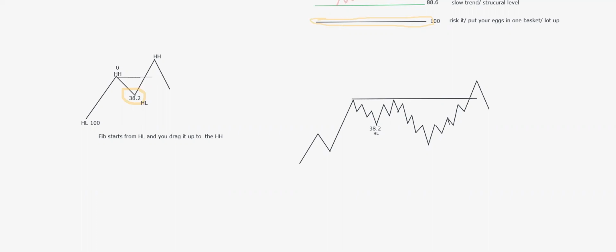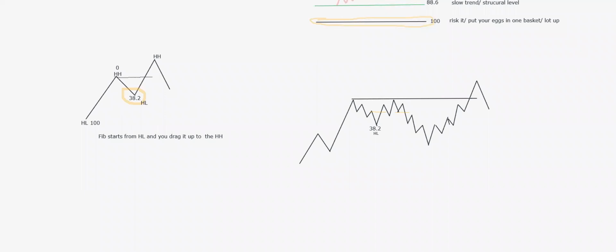And then you'll see a change of character happen right here in a smaller time frame. You're thinking that price is about to go up, then this happens. Another change of character happens here to give us a steeper retracement.